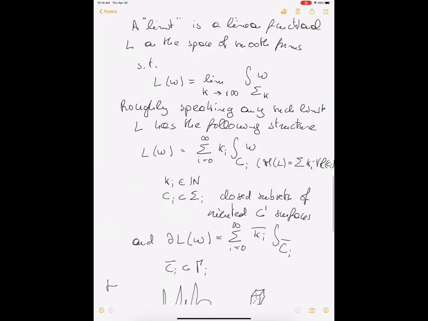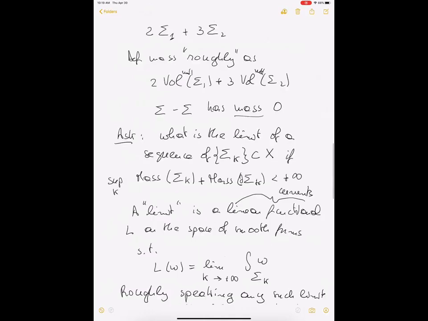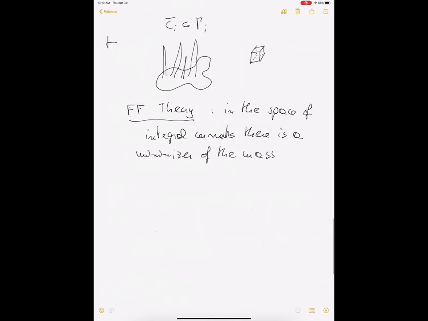It's very similar to the situation I explained above, that if I have the surface sigma and I subtract the same surface sigma, I have to understand this as having mass 0. That can be easily remedied, and I don't want to go into technicalities.